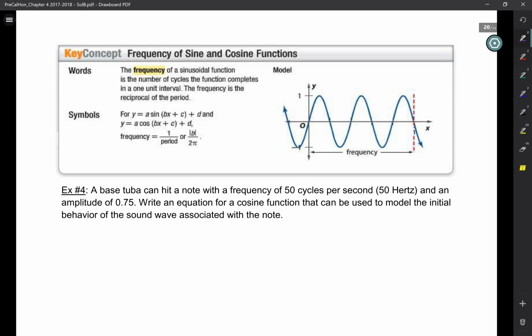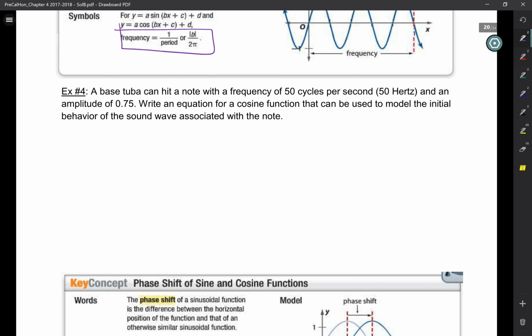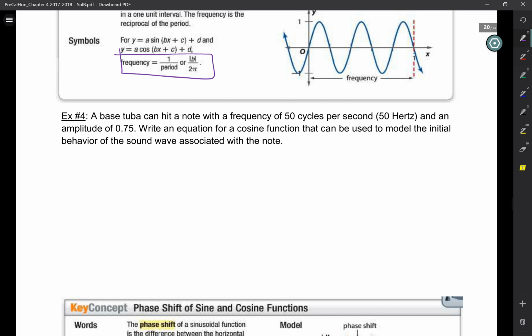So frequency is the reciprocal of period, meaning it's 1 over period, or absolute value of b over 2 pi. Okay? All right. So now, a bass tuba can hit a note with a frequency of 50 cycles per second. So frequency is measured in hertz after the physicist Hertz.